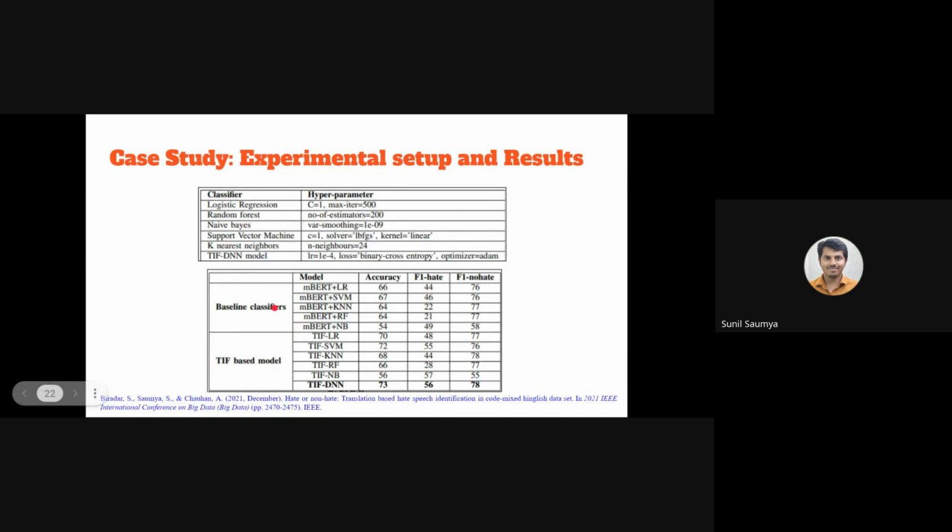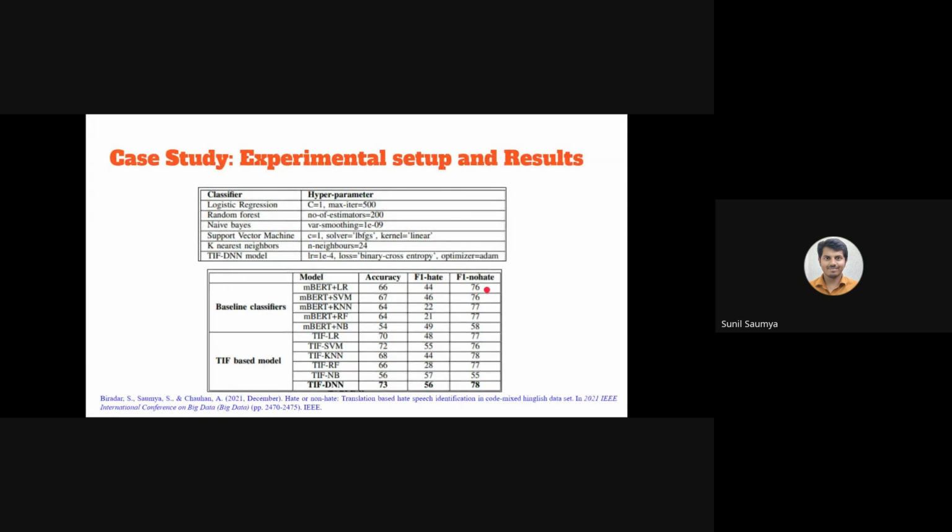We did the experiment in two parts. In the first part, we fed the raw data, the actual dataset where we had not applied translation and transliteration. We extracted features using mBERT and used logistic regression as the classifier.